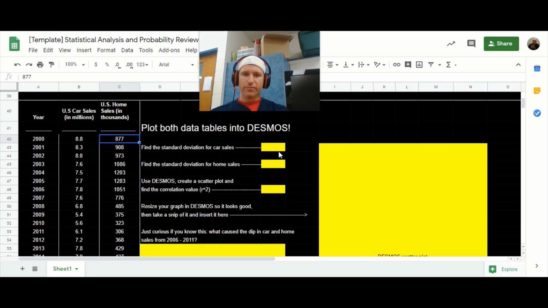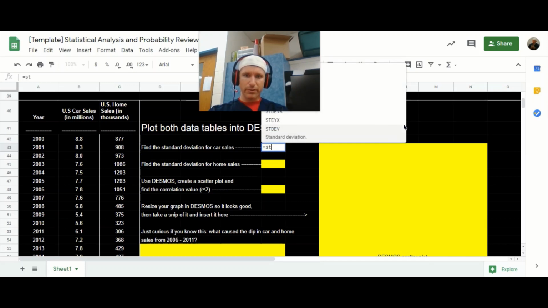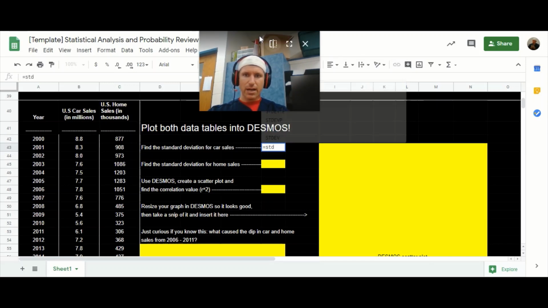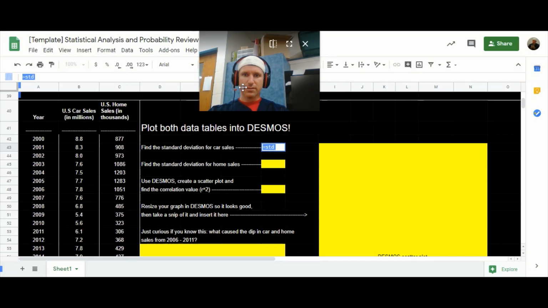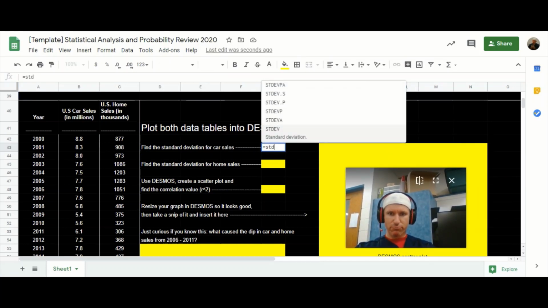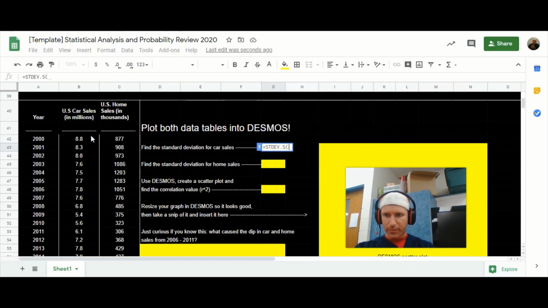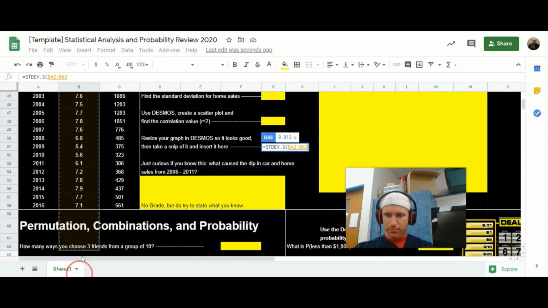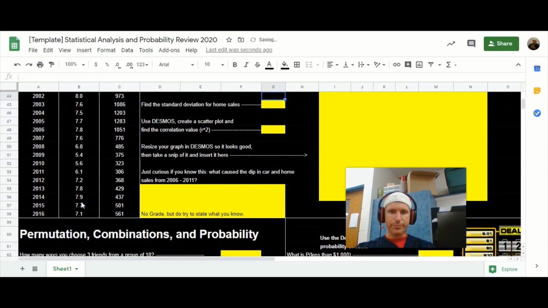Okay, so find the standard deviation for car sales. Just got to make sure you get the right one. There you go, in that big box right there. Let's go sample. Car sales. Enter. What we got?